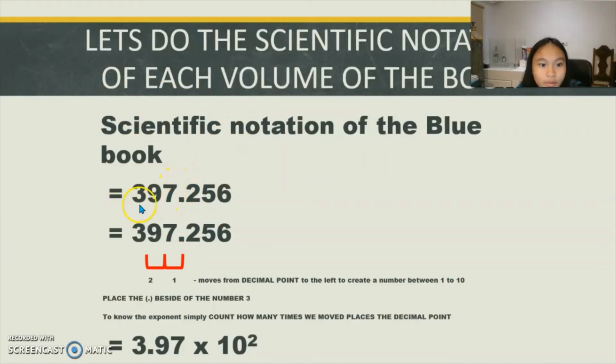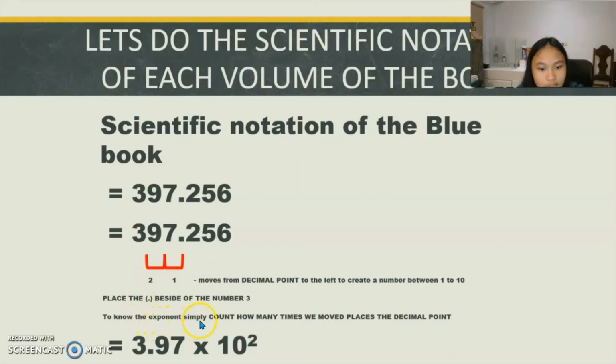this is the answer of the blue book earlier that we solved, which is 397.256. Over here, move the decimal point to the left, to create a number between 1 to 10, place the decimal point beside the number 3. So we're going to move it 2 times. 1, 2.